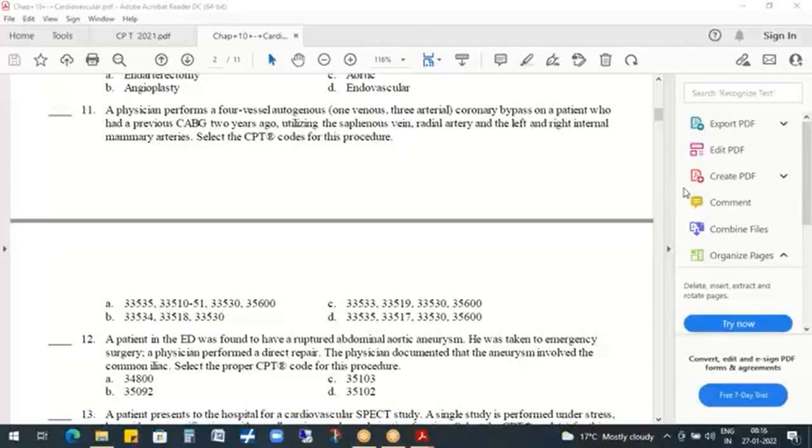Sir, can you explain the 11th question in detail for the options? I got clarity on the first two, but the last two I need more information, sir. Means what are the codes, about 33530 and 35600.